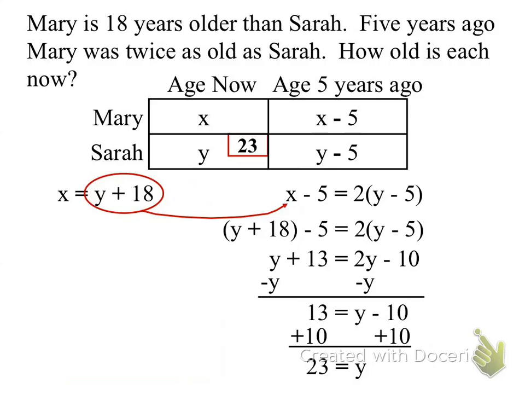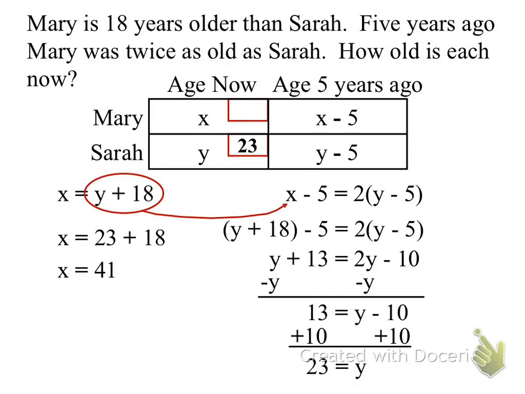Okay. So now, if she's 23, how old is Mary? Nora? If she's 23, how old is Mary? Anybody? Yes. She is 41. So I add my 23, 18, and it is 41.